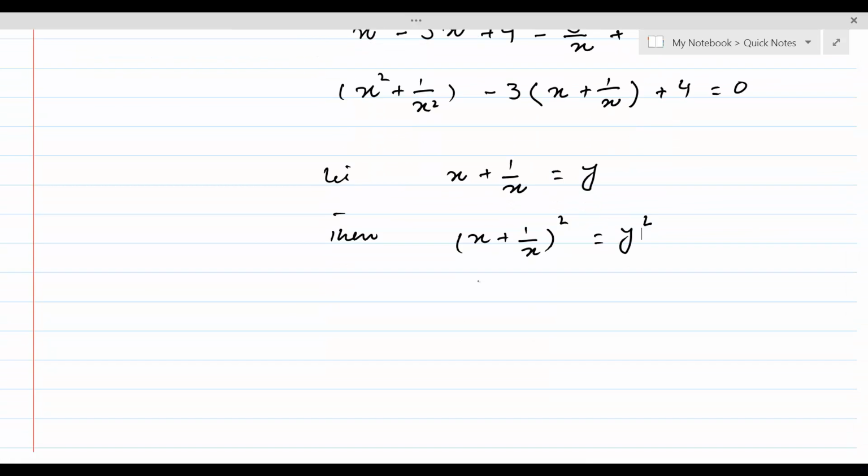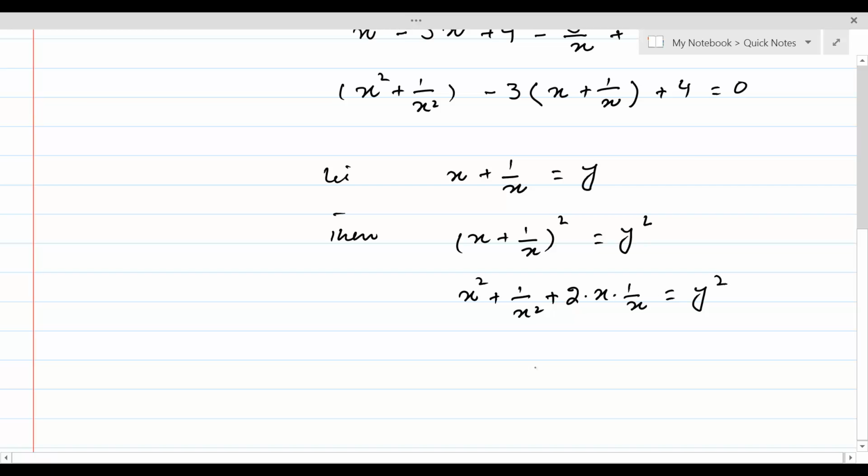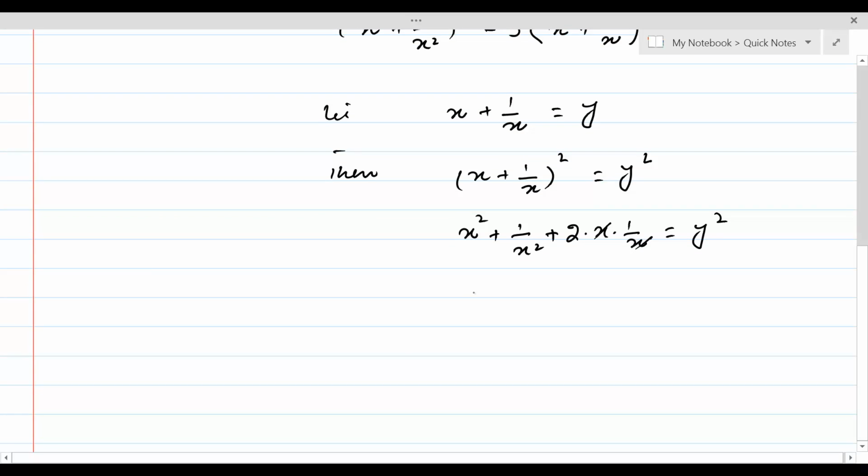And if we expand on left hand side, this will become x square plus 1 over x square plus 2 times x times 1 over x equal to y square, and x can be cancelled with 1 over x, resulting that x square plus 1 over x square plus 2 is equal to y square, and we can have x square plus 1 over x square is equal to y square minus 2.